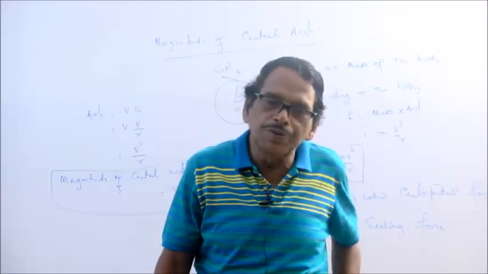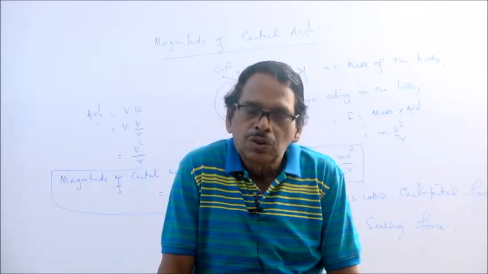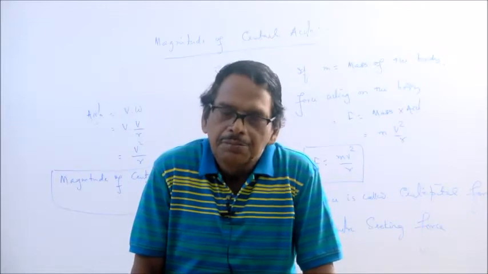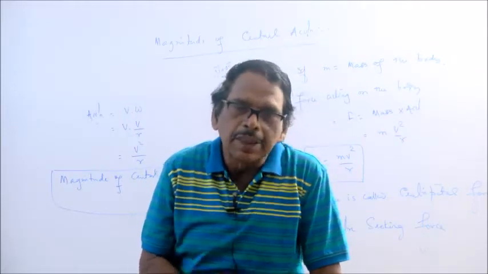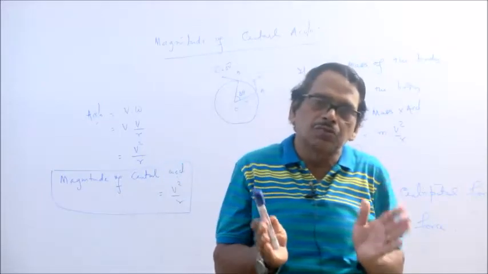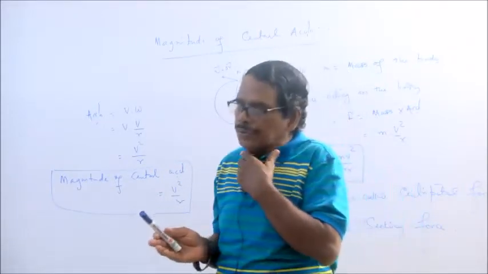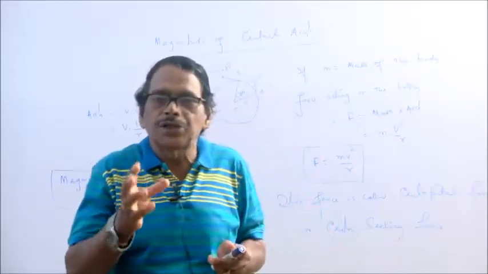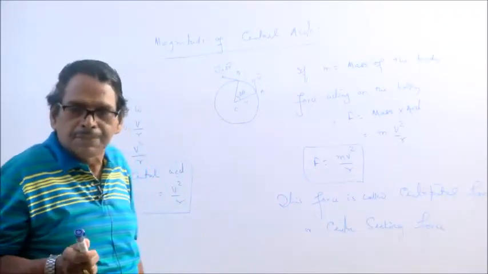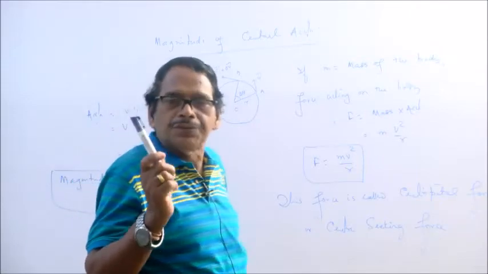So when a body moves over a circular path with a speed V and radius of the circular path r, and the mass of the body is m, there is a force acting on the body. The magnitude of the force is mV square by r, and the direction of force is directed towards the center of the circular path. This force is called centripetal force or center seeking force.